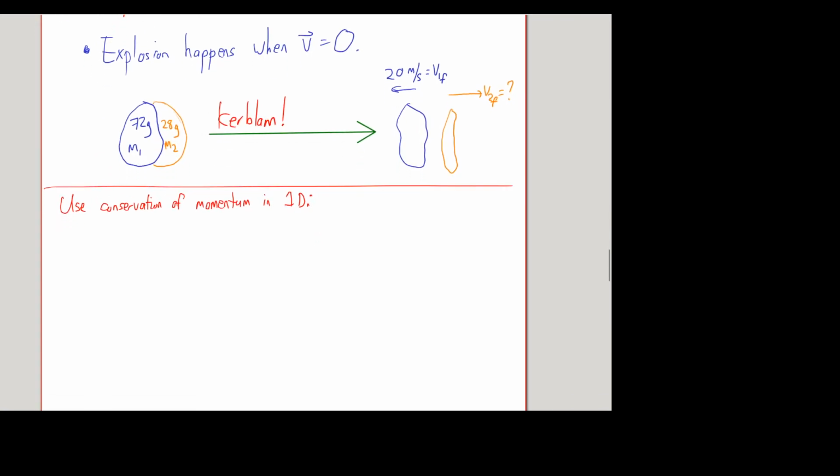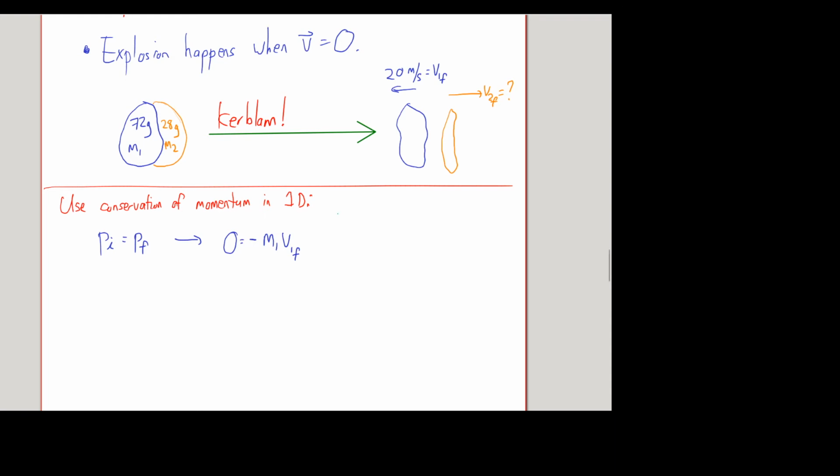So here the two of them are together and not moving in the beginning. So if initial momentum equals final momentum, 0 equals M1 V1 final. And I'll write this with a minus sign because I'm letting V1F be the magnitude.